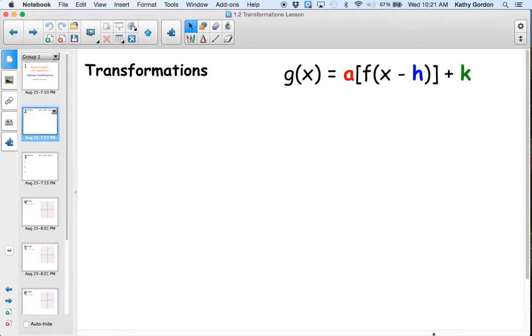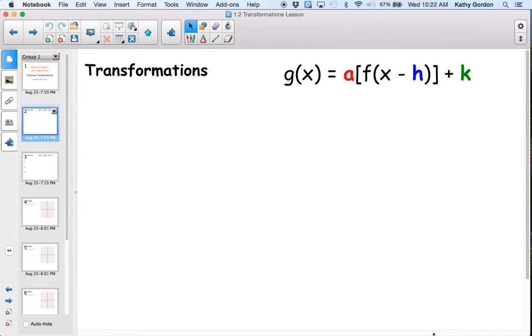So when I use that terminology of being inside the function, it's like saying if you had to follow order of operations, you'd be subtracting h before you did whatever the function was doing. Squaring, cubing, absolute value, whatever. Okay? But then k is something that happens outside. So after you would do the squaring or the cubing or the absolute value, then you would add k, if you were following order of operations.